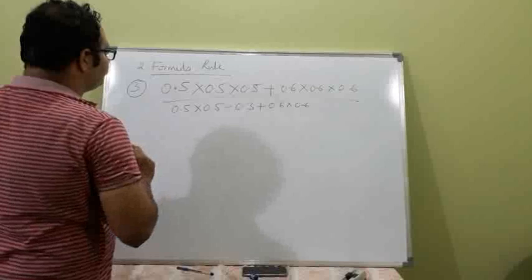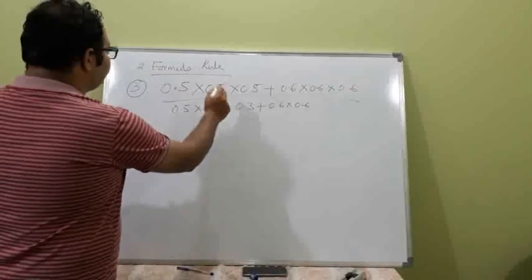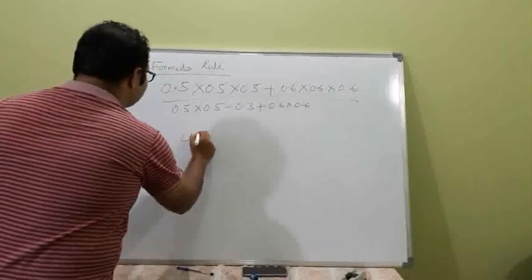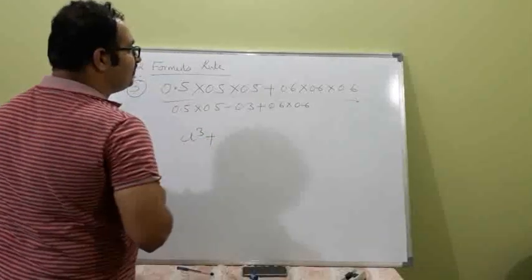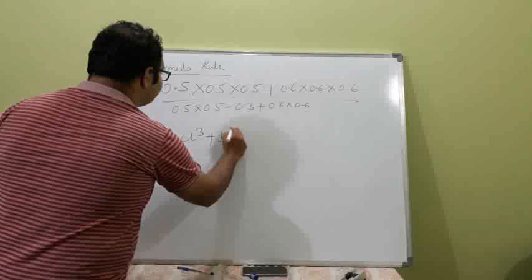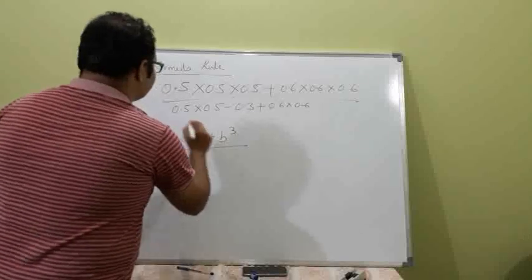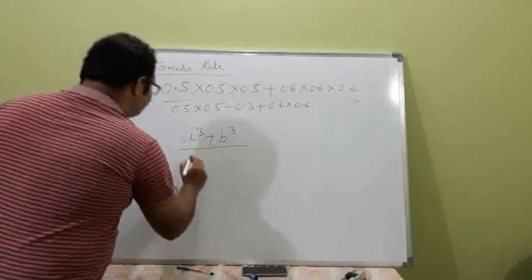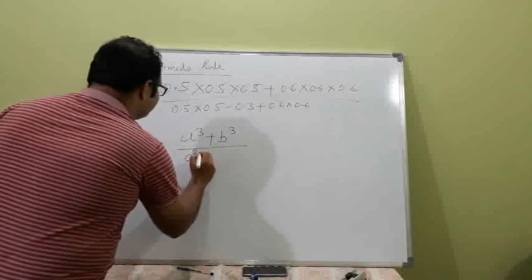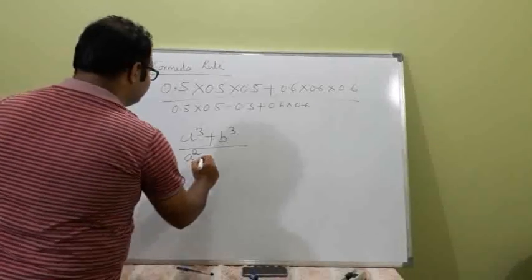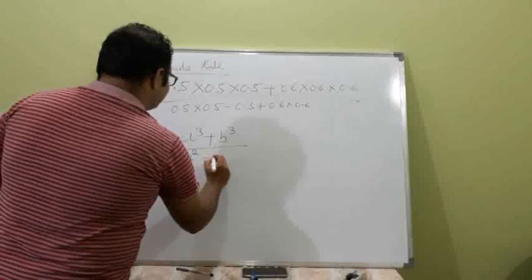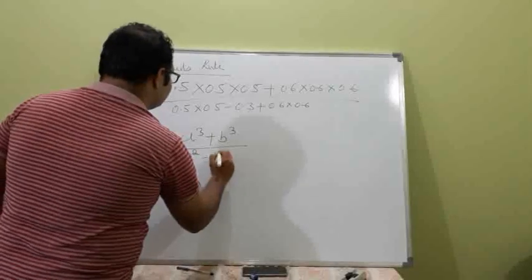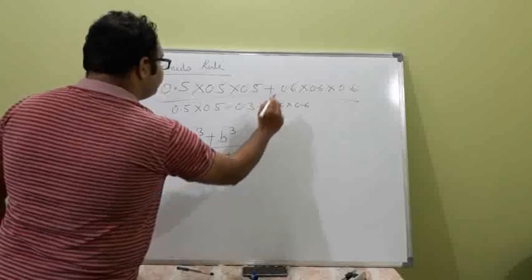Here a is 0.5, 0.5 cube means a cube plus b is 0.6, b cube, divided by a square, 0.5 into 0.5, minus ab plus b square.